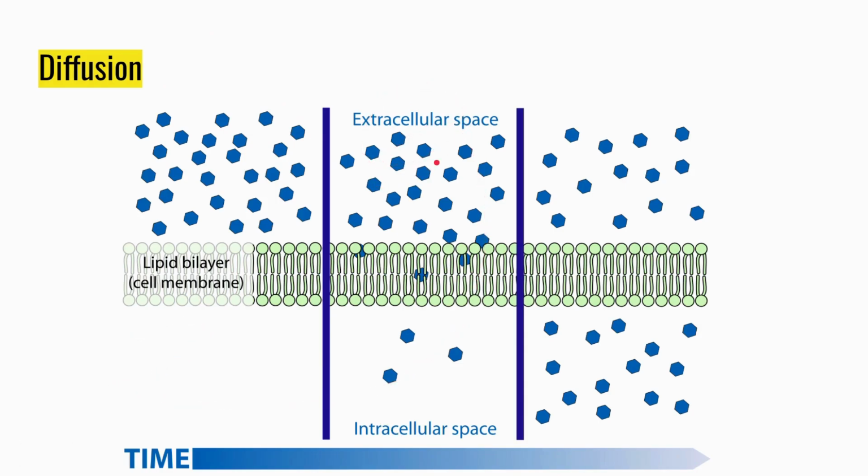So these molecules, being small and able to fit through the lipid bilayer because they are neutral and tiny, can go from high concentration to low concentration. So it's going this way. And then it evens out, and when it evens out, there's no longer going to be any more movement, because why would you move? There's no need to move. Both sides are balanced.